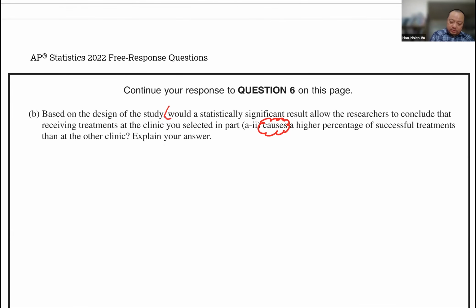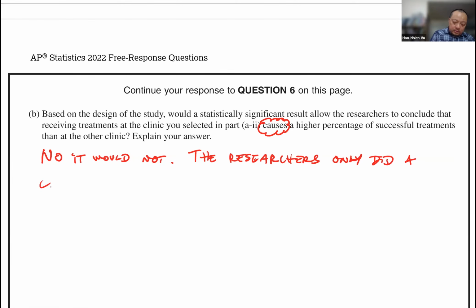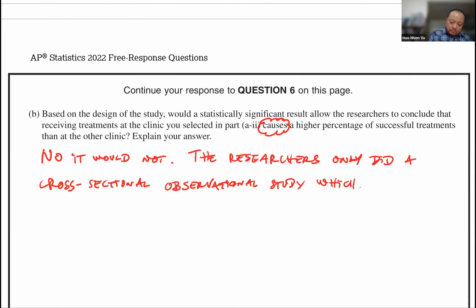Would this allow the researcher to conclude that? So the answer is no, it would not. The researchers only did a cross-sectional observational study, which, without more, cannot prove causation.